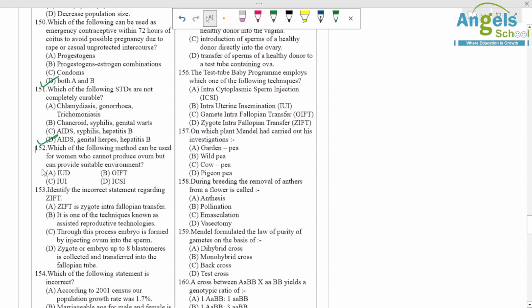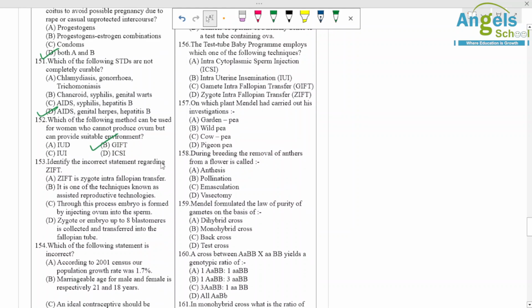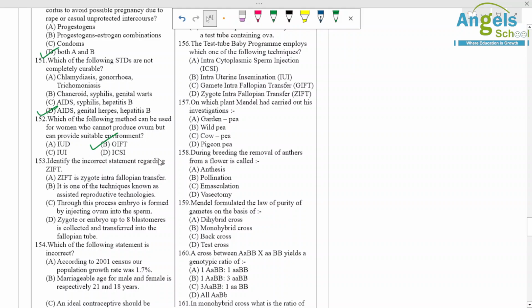Question number 152. Which of the following methods can be used for a female who cannot produce ovum? We can use GIFT, with an ovum from another healthy female. So the correct answer is GIFT. Identify the incorrect statement regarding ZIFT. ZIFT's full form is zygote intrafallopian transfer, so it's true.